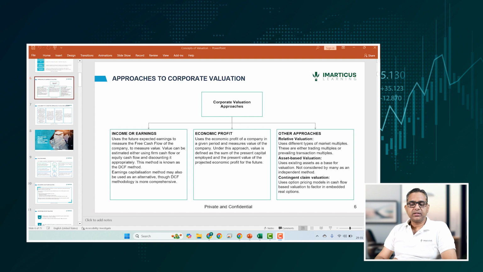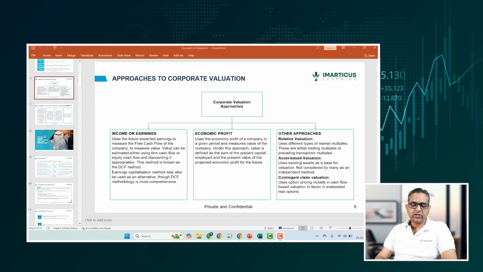If we are considering free cash flows to the firm, we will use the discount rate as WACC, and if we are using free cash flows to equity, we will use the discount rate as cost of equity, and then we will discount those cash flows to get the present value. That present value is an estimate of our enterprise value or equity value. We'll discuss this in more detail later.